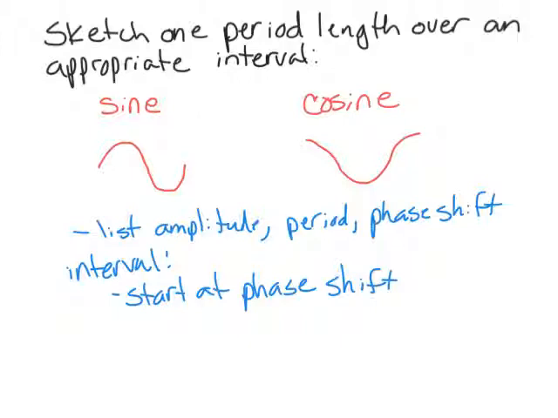So if I start at the phase shift, I'm going to create my standard curve, because the phase shift just takes this curve and either moves it to the left or to the right. So that enables me to use my standard curves for sine and cosine. And then, to end it, I'm going to add one period length, whatever that is, to the phase shift. And that's my end point.